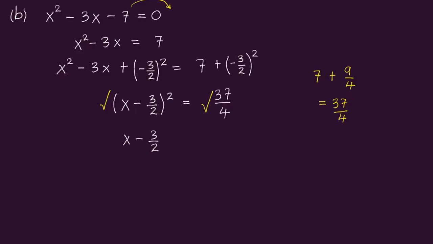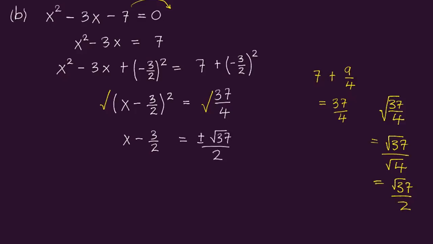You need to know the square root of 37 over 4 is the same as the square root of 37 divided by the square root of 4, and we know that the square root of 4 is 2, so it can come out as square root of 37 over 2. So that's exactly what we have on the right hand side.